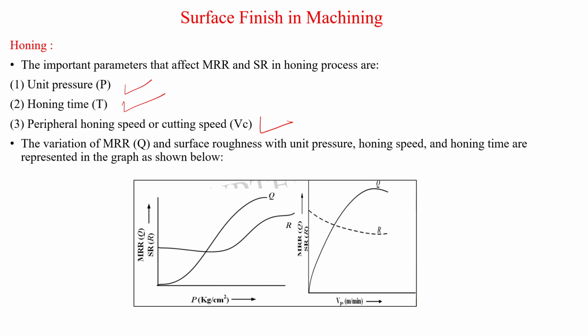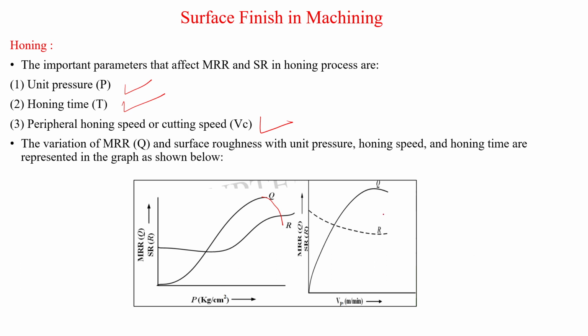Now we will see the graph of MRR and SR with pressure. With pressure, SR almost increases only, as we have seen last time, and MRR also increases up to a particular value, and if we increase pressure more, it will start decreasing. Therefore we need to use the optimum value of pressure.